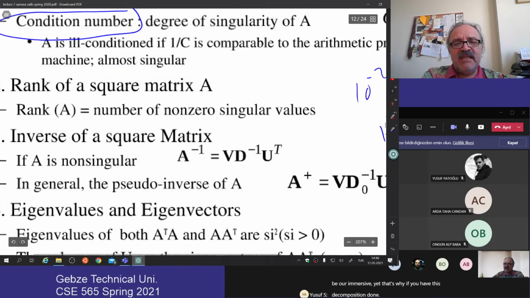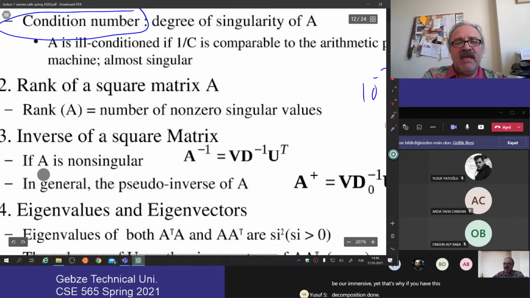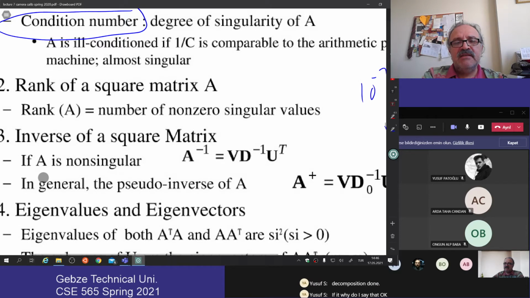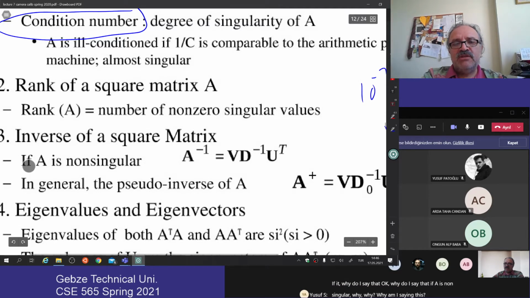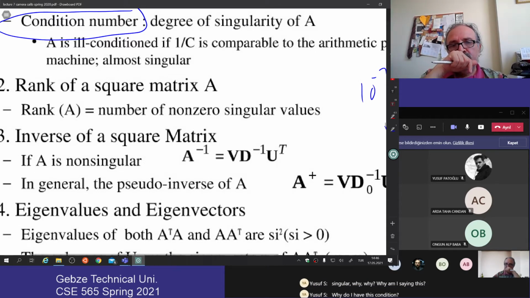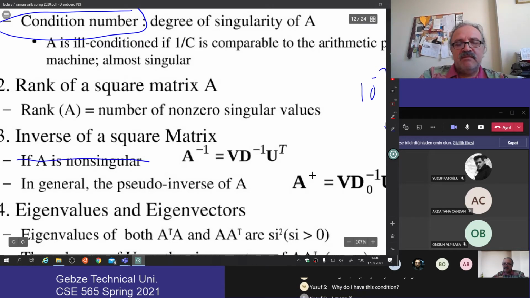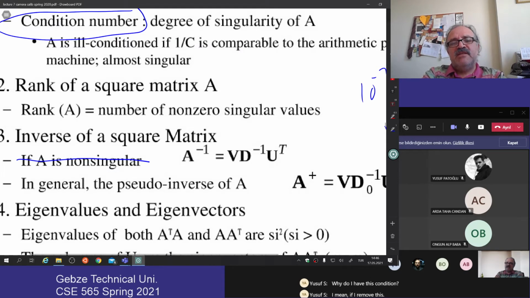Why do I say that if A is non-singular? Why do I have this condition? If I remove it and say the inverse of a matrix is this, what would be the wrong thing? Then some singular values will be 0, and 1 over 0 is going to be a problem, right?